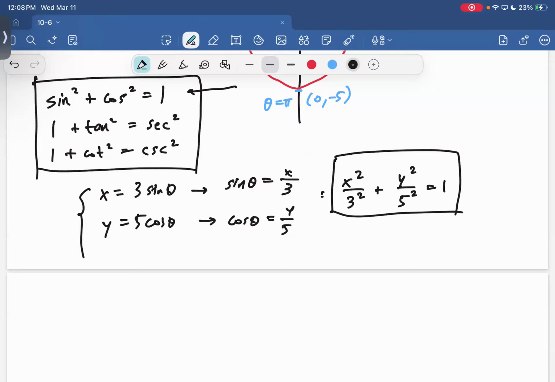Okay, so that's how you do questions C and D. You have to isolate cosine and sine and then plug it in. So C and D are going to be ellipses. Can anybody guess what E and F are? Yes, hyperbolas, because you're going to have cotangent and cosecant, which are related by a minus sign. That introduces a minus, which is why it's a hyperbola. But we'll do those later, since there are more subtleties there. You can do C and D in the next 3 minutes.